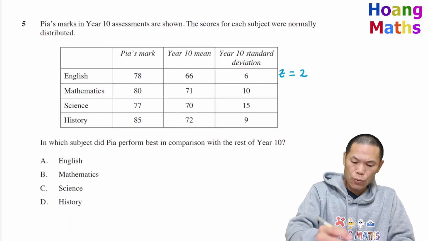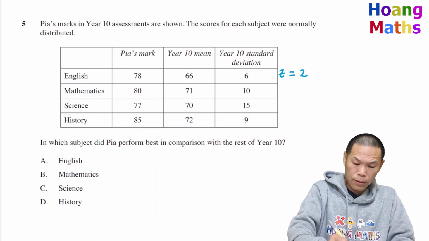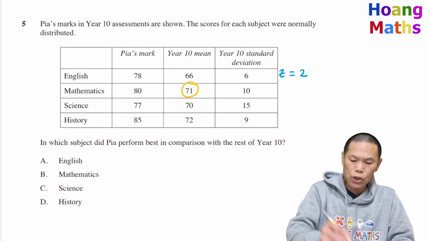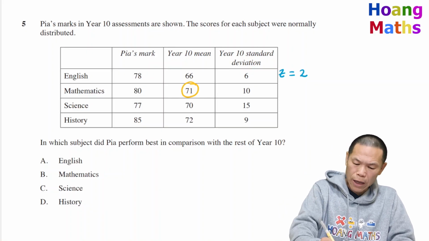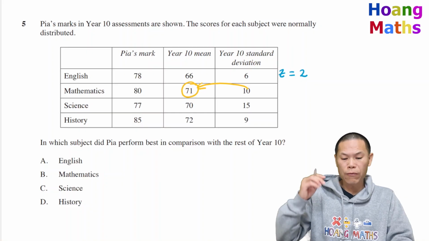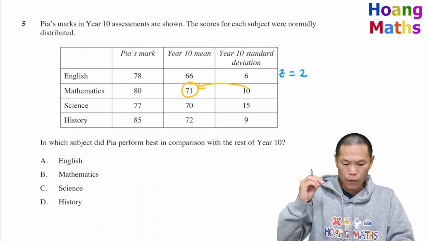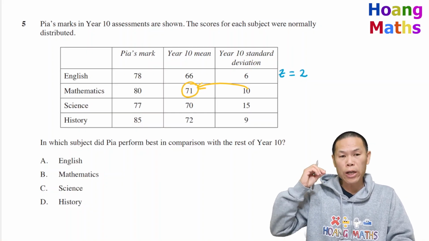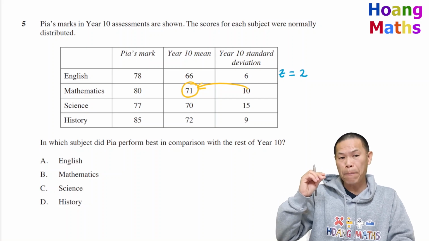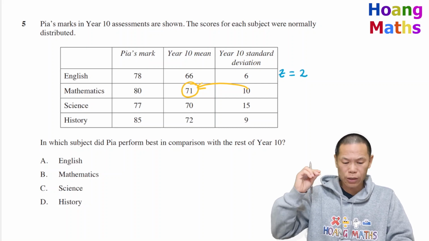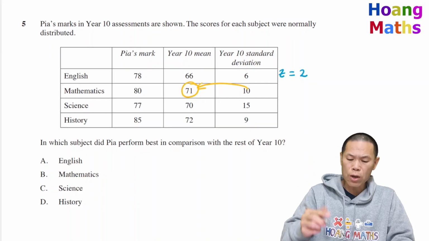For mathematics, the mean for Year 10 is 71. If you add 1 standard deviation to this, it will give us 81. Pia's score is only 80, just below one standard deviation above the mean.